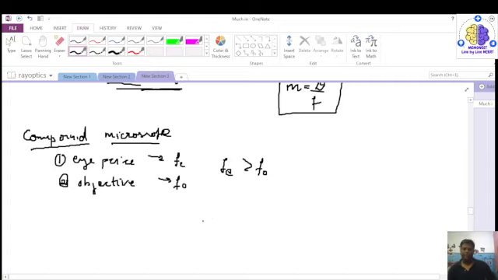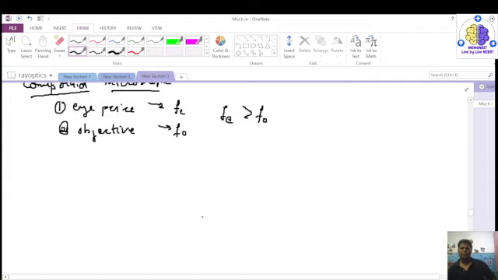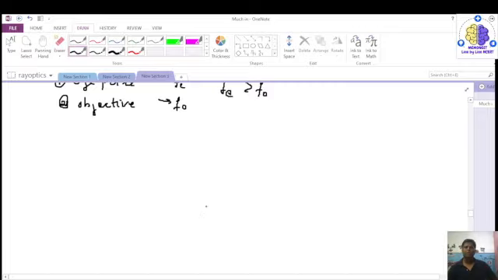Now, what is the ray diagram here? Let's try to understand.